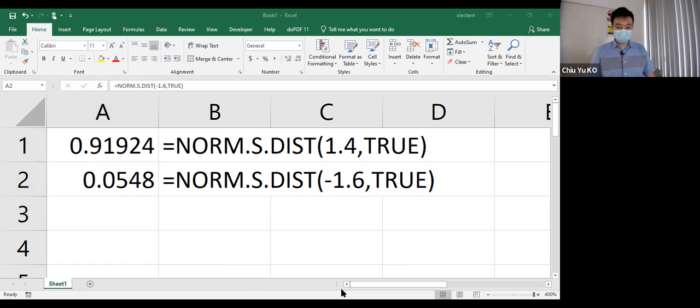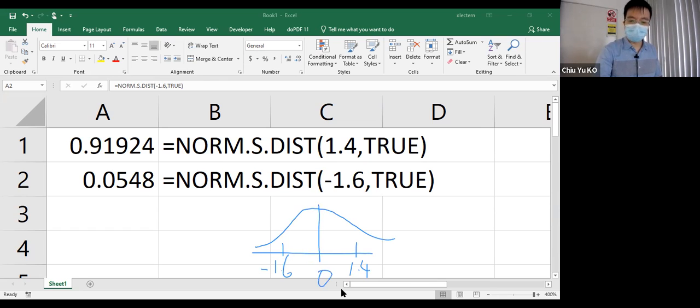The next one we'll be doing is this one. This one is asking between negative 1.6 and 1.4, and this is 0 here, asking for this area.